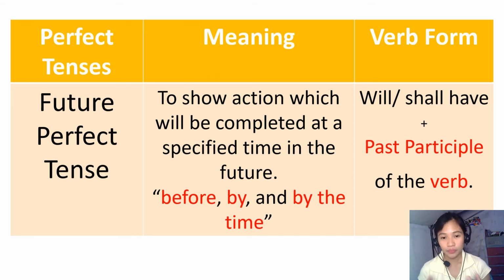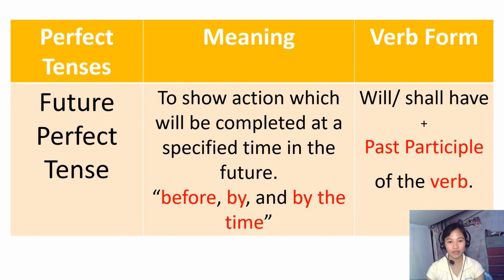So again, this future perfect tense is used to show the action will be completed before another future action happens. The expressions before, by, and by the time are usually used to indicate a completed action before another action.